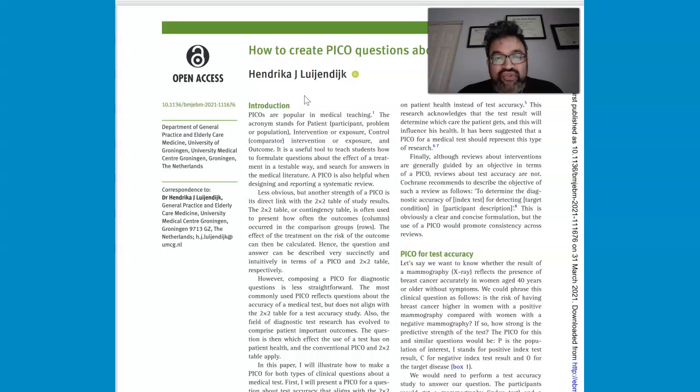So it's a useful tool to teach students how to formulate these questions about the effect of a treatment in a testable way. And PICO definitely fits the bill for this.